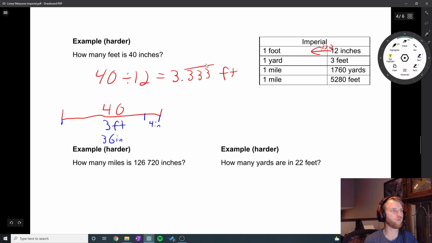If we want to figure out what this last bit is in inches, figure out what that first chunk is in inches. This was 36. To get that last little bit, it's just how much more do I need to get to 40? So this answer is correct here. The best answer though would be it is 3 feet and 4 inches.